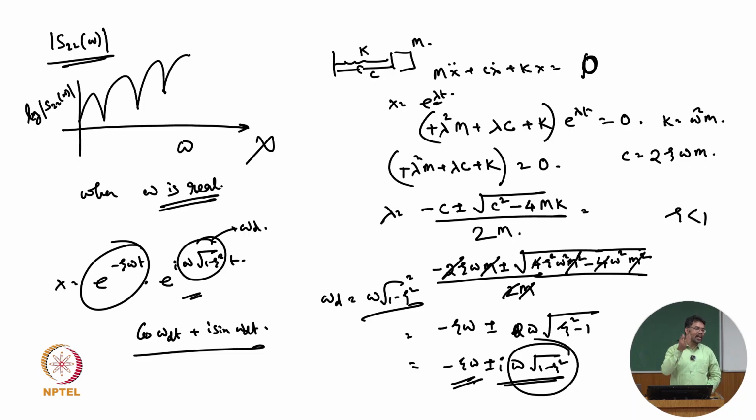But we generally do not allow it. We just say, okay, forget the C. We just solve it like m x double dot plus k x. From there, we came up with omega, and then just forcefully multiply with root over 1 minus xi square. That gives my omega t.